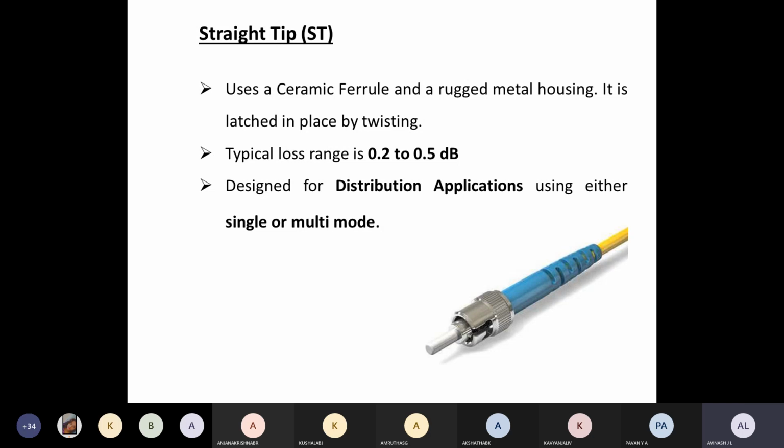So it is designed for distribution applications using either single or multi-mode. So what is the specialty of this particular fiber connector? It is designed for distribution applications using either single or multi-mode. So please make a note of these features, all of you.